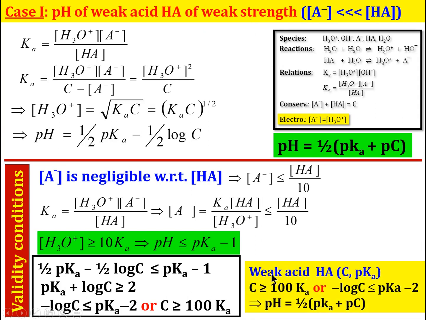As a conclusion, for a weak acid HA of concentration C and value pKa of the couple, if the concentration of this acid is greater than or equal to 100 times Ka, or if minus log C is less than or equal to pKa minus 2, you can use this formula, half pKa plus pC, to calculate the pH of this weak acid.